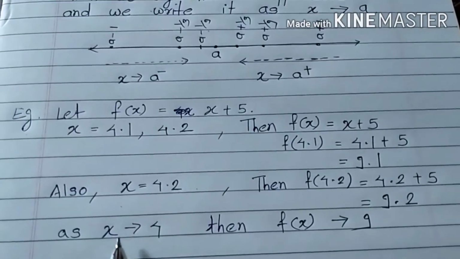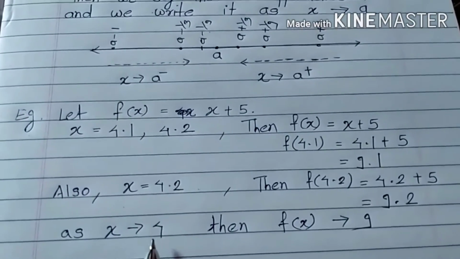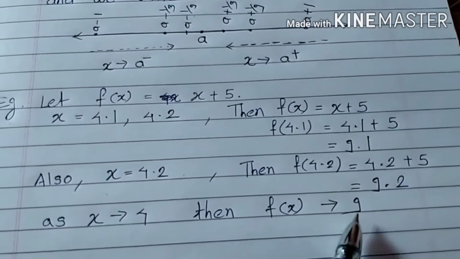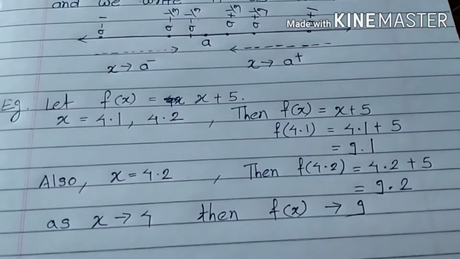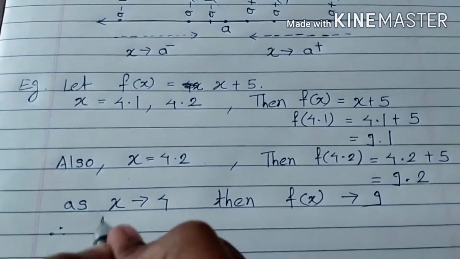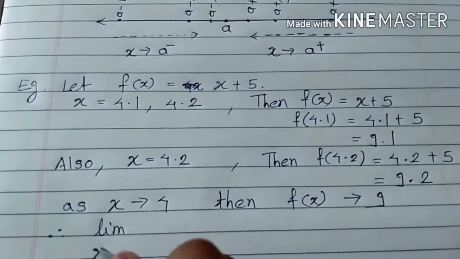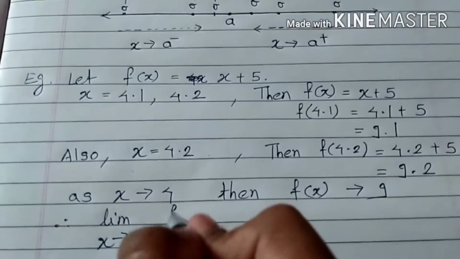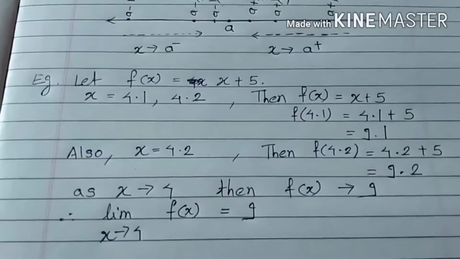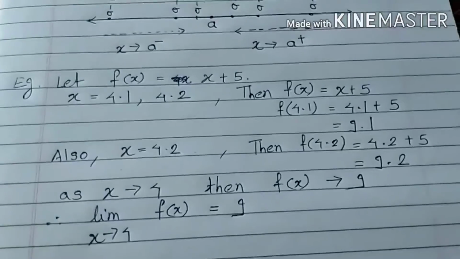Here remember that it tends to 4 means it is not equal to 4. It tends to 9 means it is not equal to 9; it approaches 9. So there is a definition: limit as x tends to 4 of f of x is equal to 9. This is the simple definition of limit.